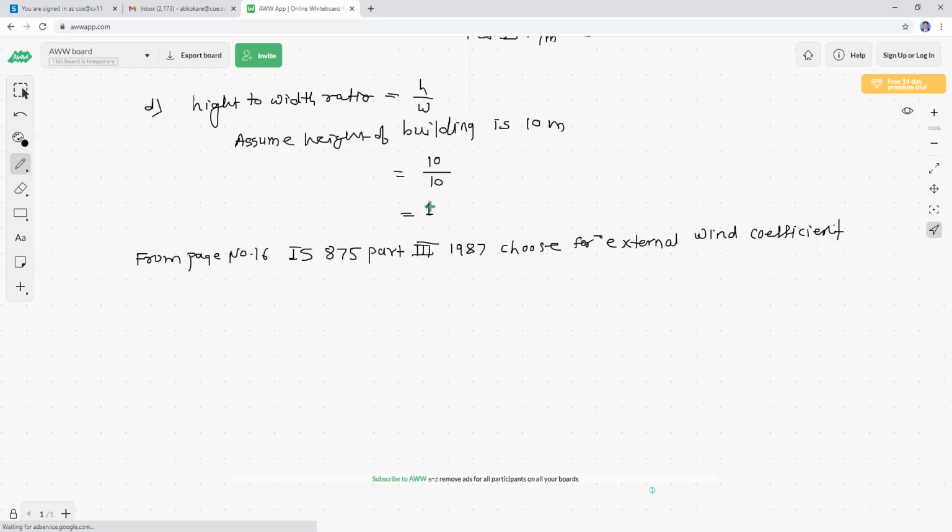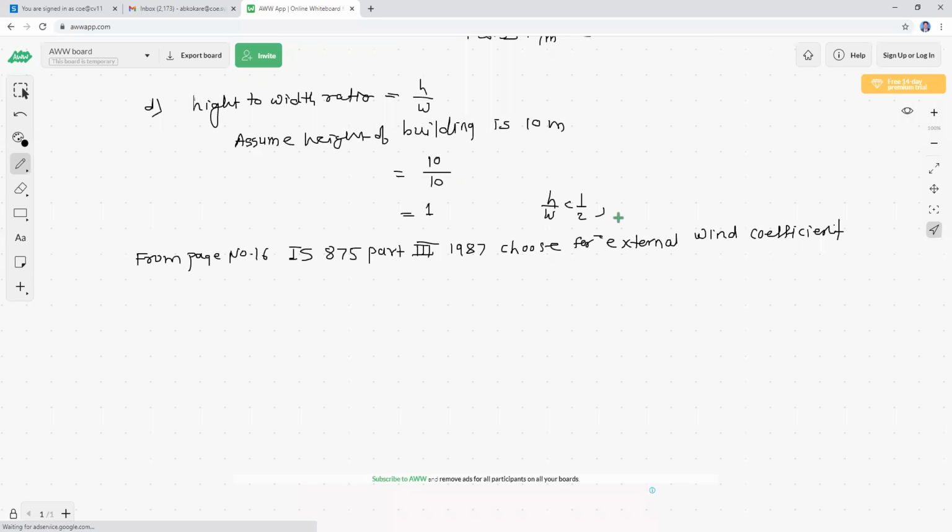This value H by W, here they are given in a table at left corner. Three rows are there. First row is H by W less than or equal to 1 half.